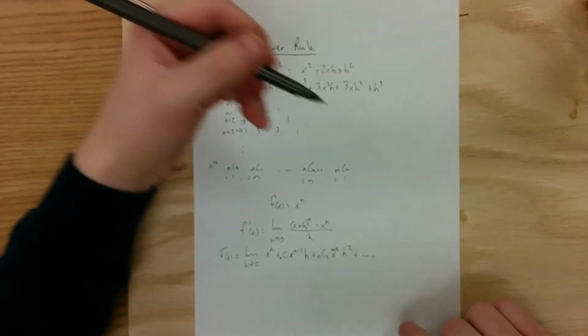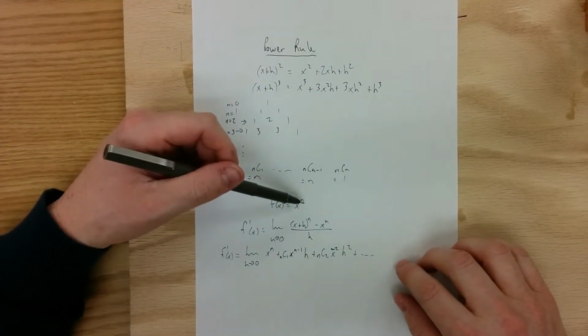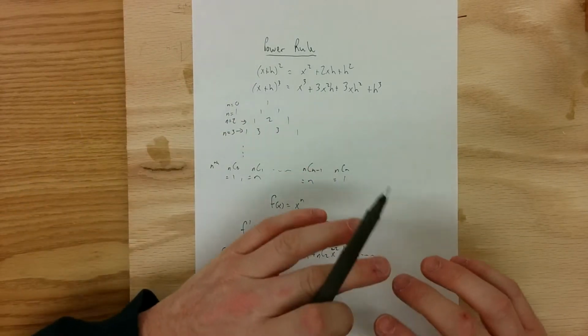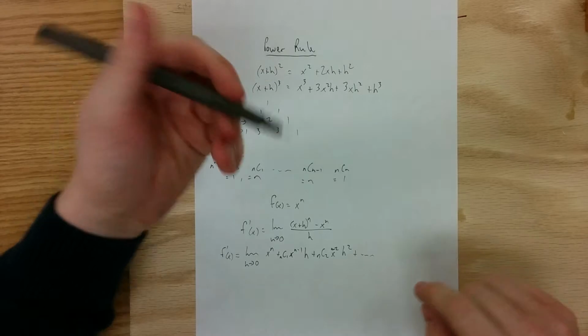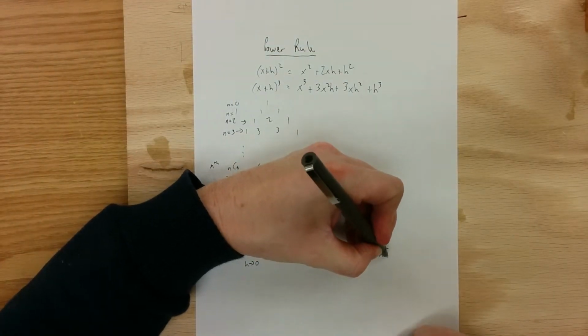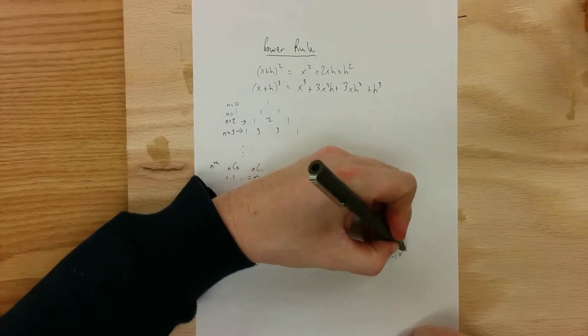I'll just do the second last term in this expansion, because there are n plus 1 terms here, and since we don't know what n is and we don't want to put a value on it, we're just going to keep on expanding. The second last term will be n choose n minus 1 times x to the 1 times h to the n minus 1.